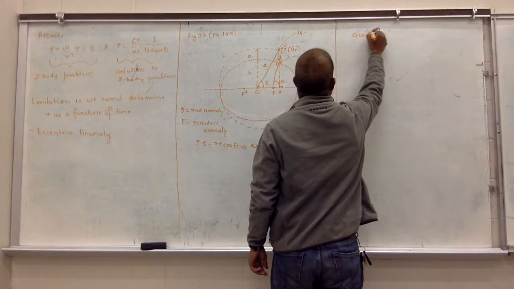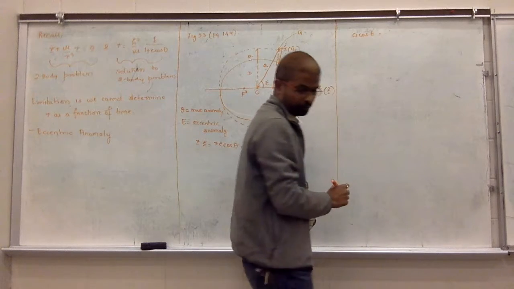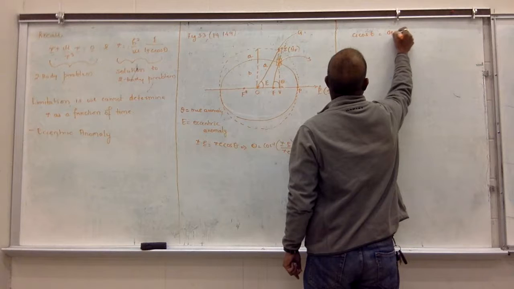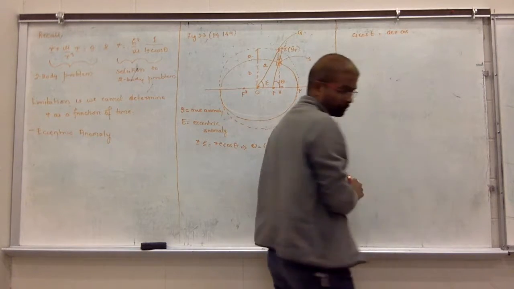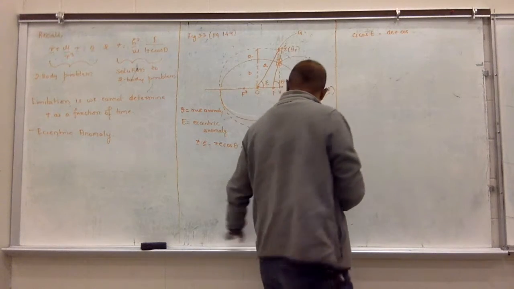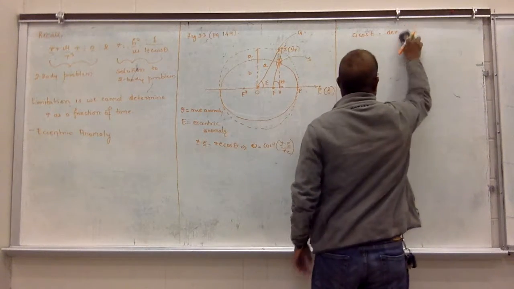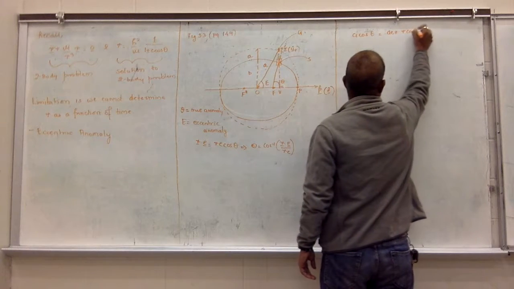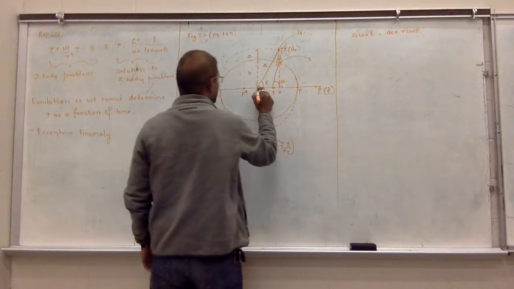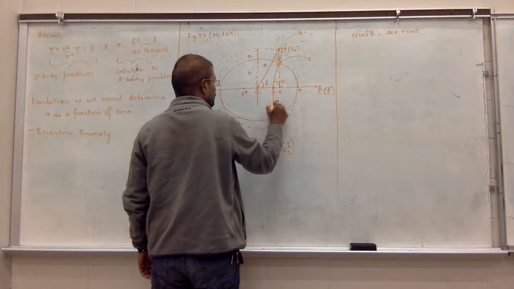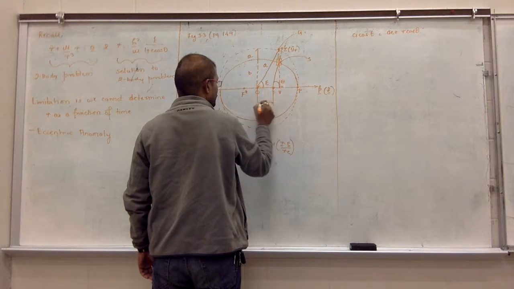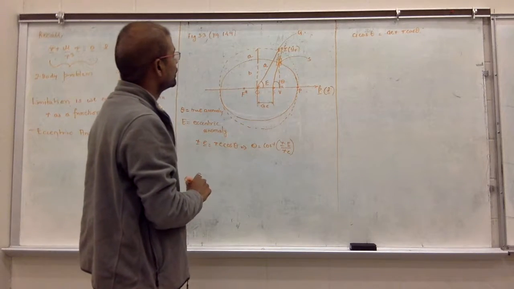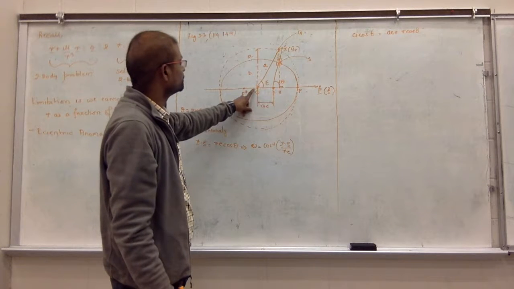A cosine E is equal to this distance, AE, plus this one. What is A cosine E?